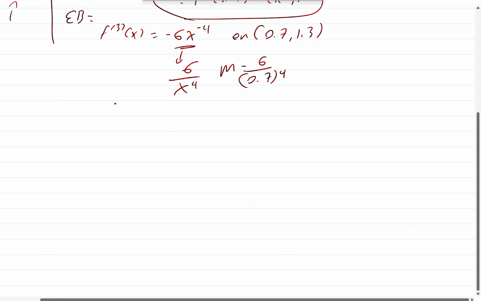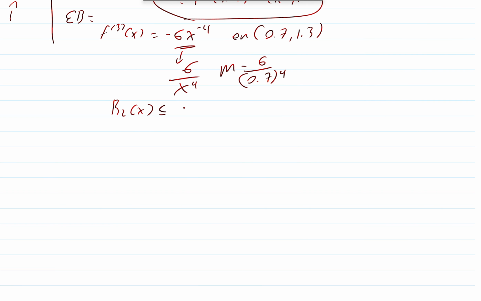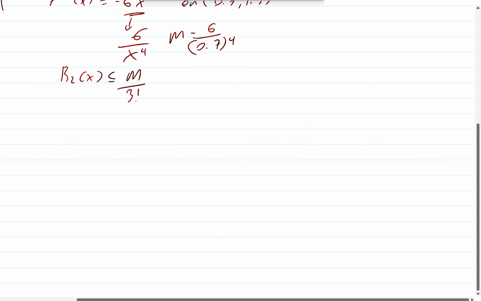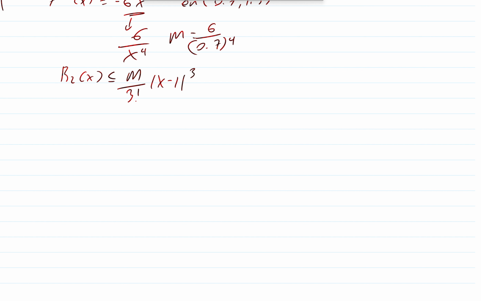Remember the equation: the absolute value of R2(x) is less than or equal to M over 3 factorial, times the absolute value of x minus 1 to the power of 3.